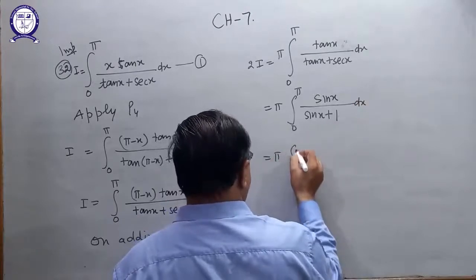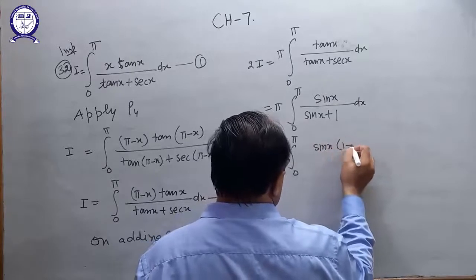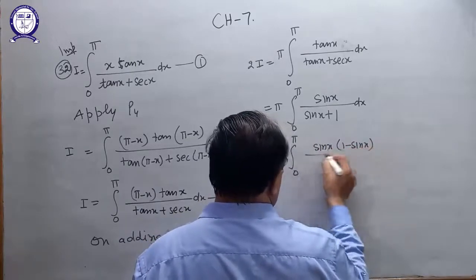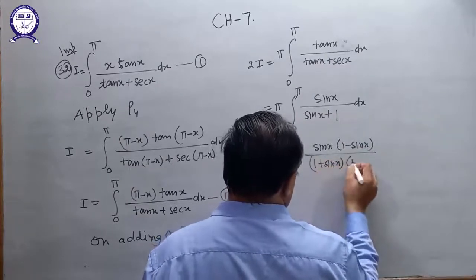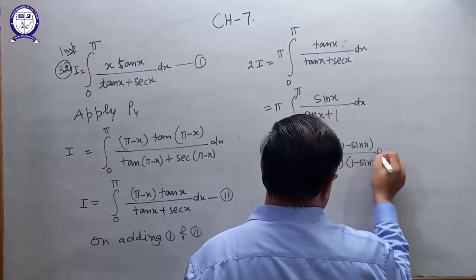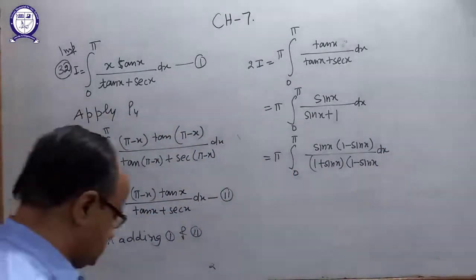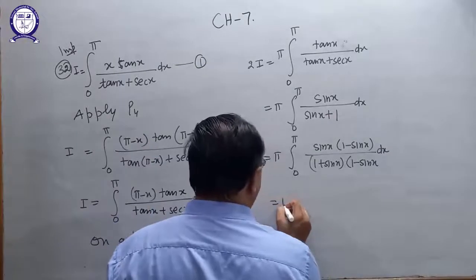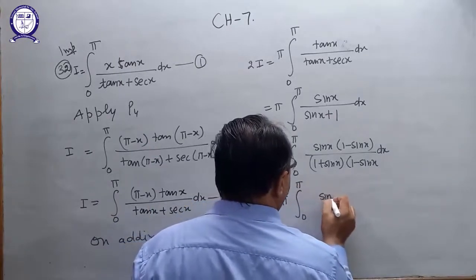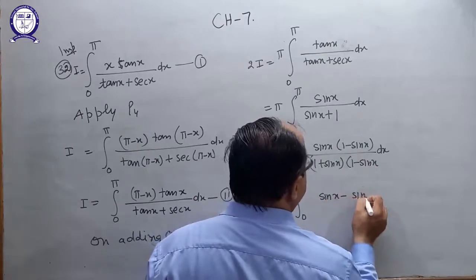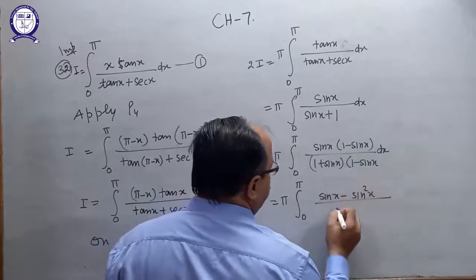Now integration 0 to pi, you can write sin x upon 1 plus sin x, multiplying and dividing by 1 minus sin x. You know that integration 0 to pi is sin x minus sin square x upon 1 minus sin square x, that is cos square x.